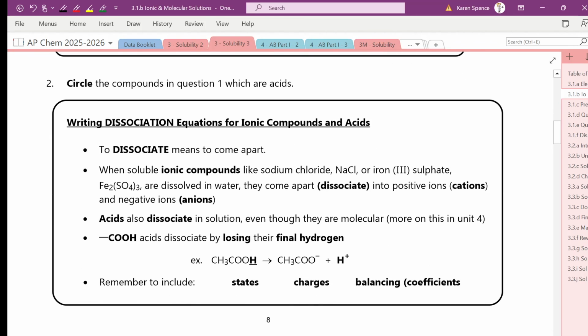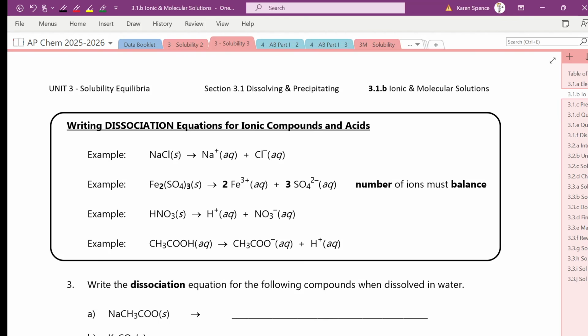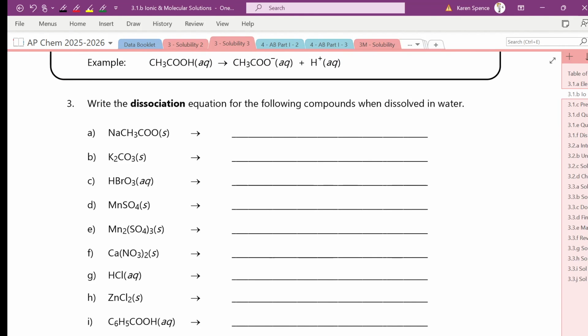Can you write dissociation equations for ionic compounds and acids? Excellent. There's some examples. Even though there were people saying yes in class, if you're not 100% sure, feel free to do some of these for practice. Take a look at the answer key, and if it causes you any problems, come in during flex or just stop by for a minute or two after class and ask me.